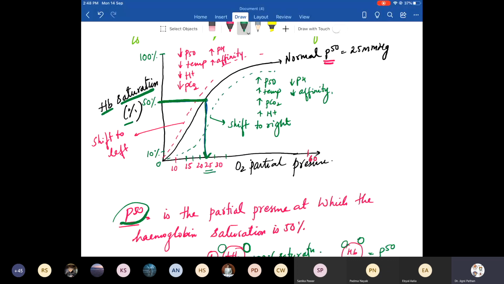The partial pressure P50 is equal to 25 mmHg. When the partial pressure of oxygen comes to 25 mmHg, it means your hemoglobin is carrying 50% saturation. There is still a chance that hemoglobin can bind to oxygen. Did you get the point, everyone?